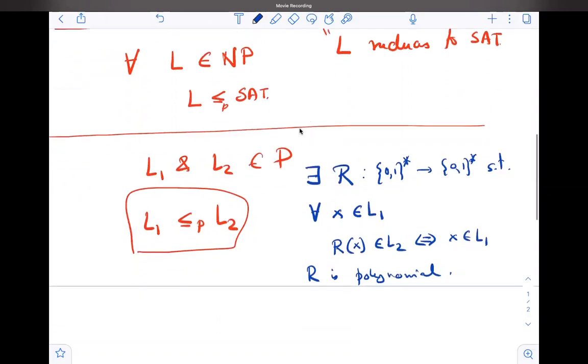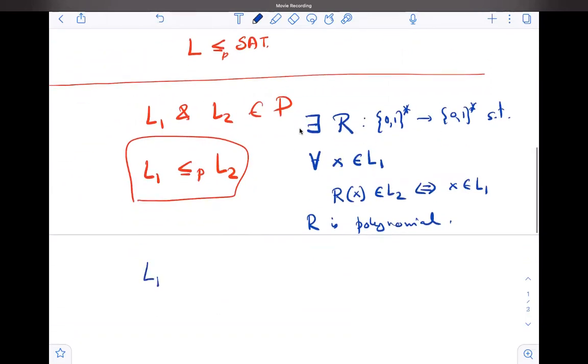What does it mean that L1 is in P? For an instance, we can use a polynomial time algorithm to find the answer. So there is an algorithm A.